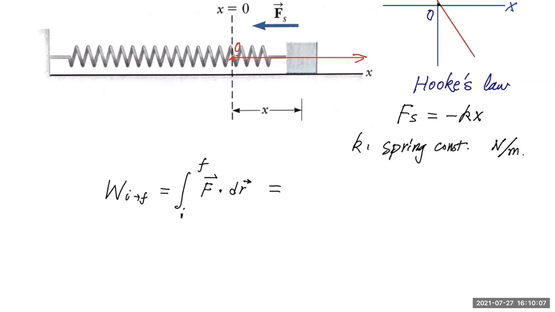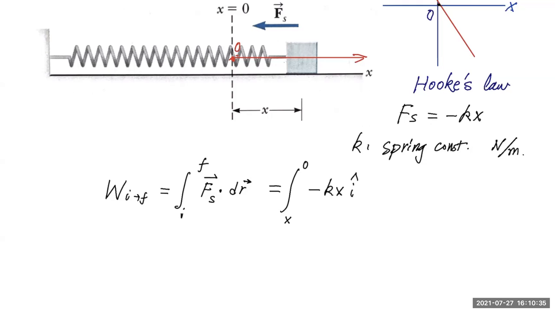The initial position is when the spring is stretched by an amount x, not at the origin. The final position is when the spring goes back to the original length, the natural length of x equal to 0. Now F is actually Fs in this case. It is along the negative x direction, so I can write this as negative kx i.